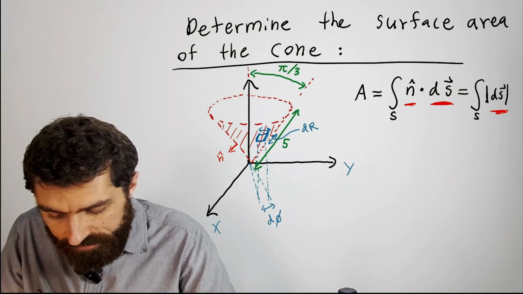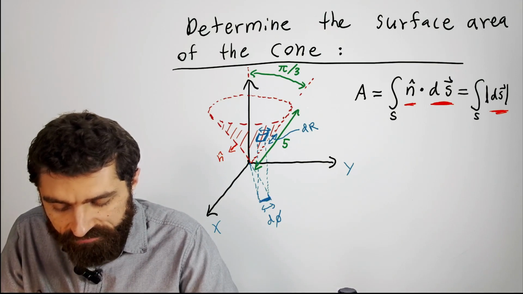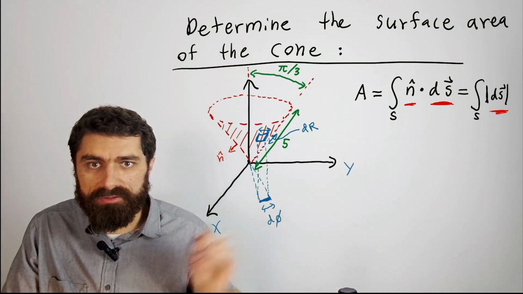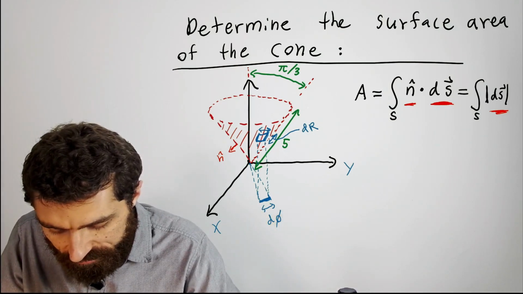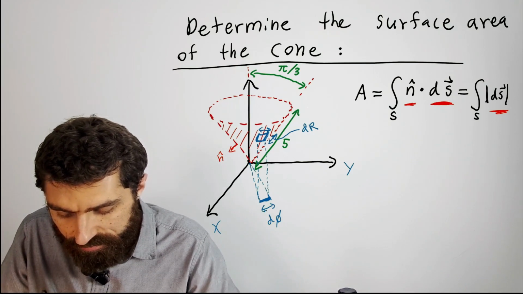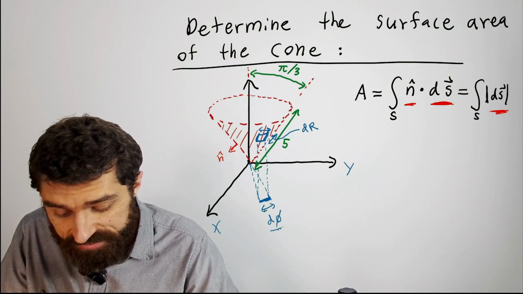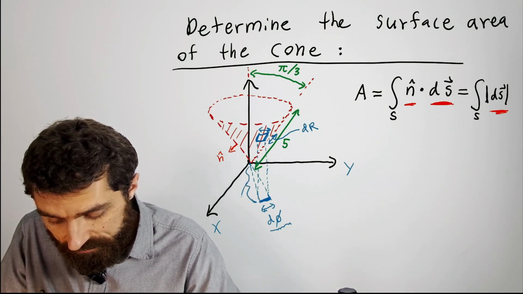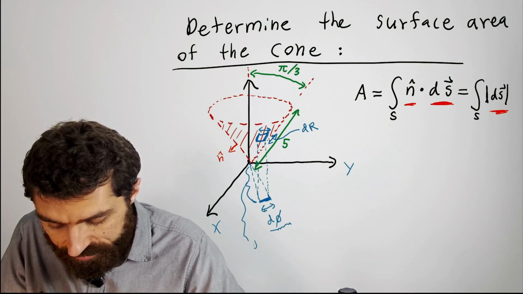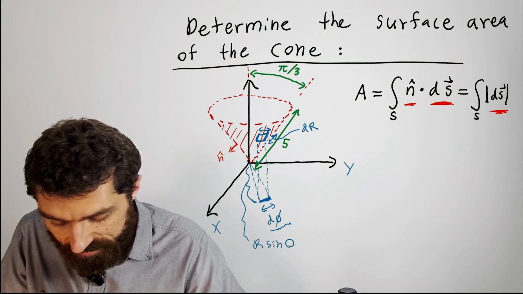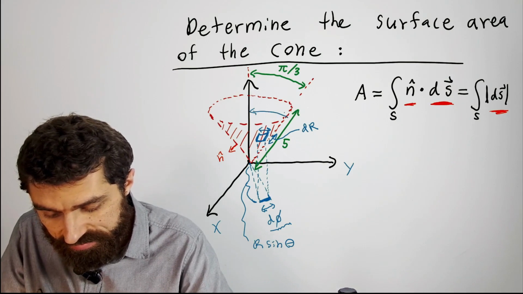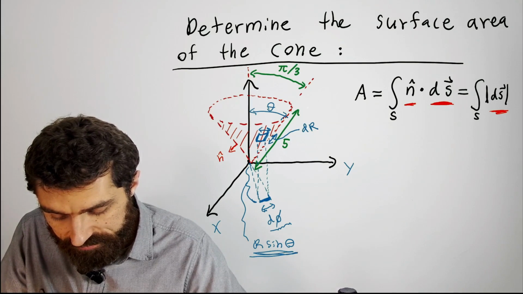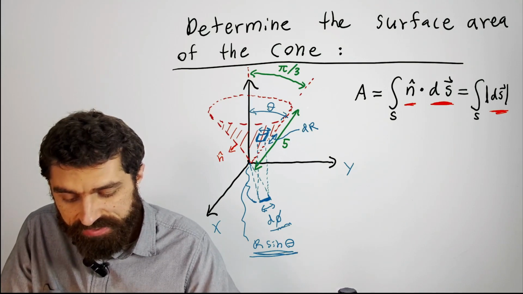What we want, though, is the actual arc length of this right here. That arc length will be equal to d phi times this distance here. This distance here is equal to r times the sine of theta by geometry. This angle here is theta. So you've got that distance there, and this d phi here.